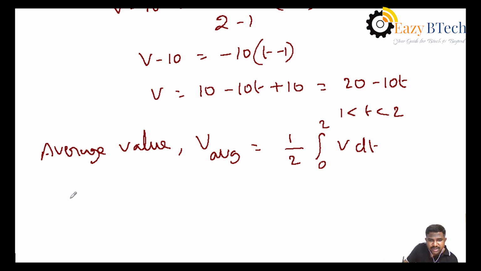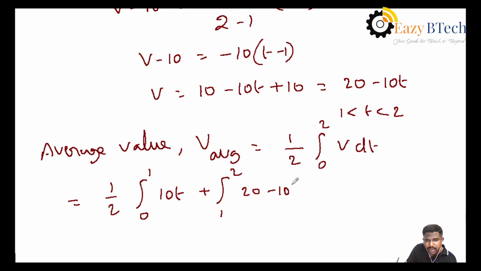Here the function V has two limits, that is 0 to 1. What is the function value? 10 into t, plus again from 1 to 2, what is the function value? 20 minus 10 into t dt.